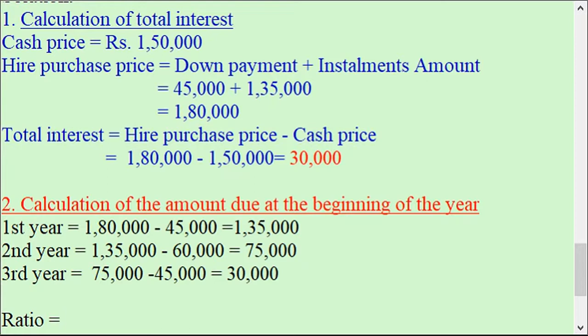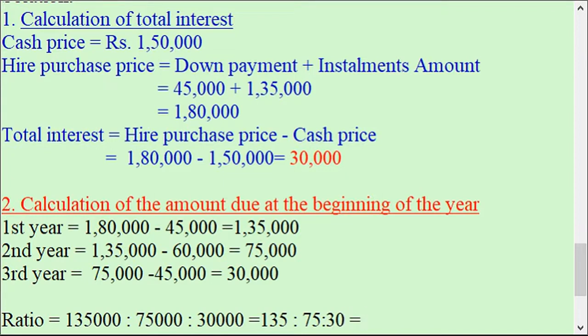Now I'll calculate ratio. 1,35,000 is to 75,000 is to 30,000. I'll remove 3 zeros in common. I get 135 is to 75 is to 30.